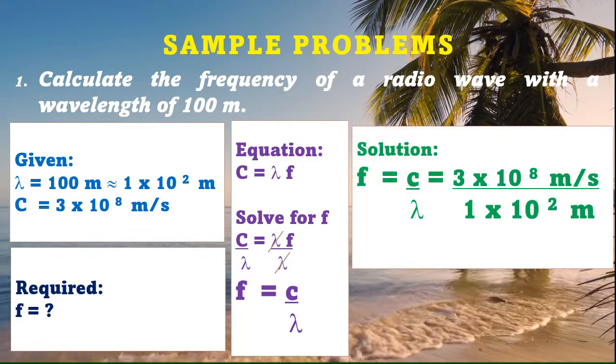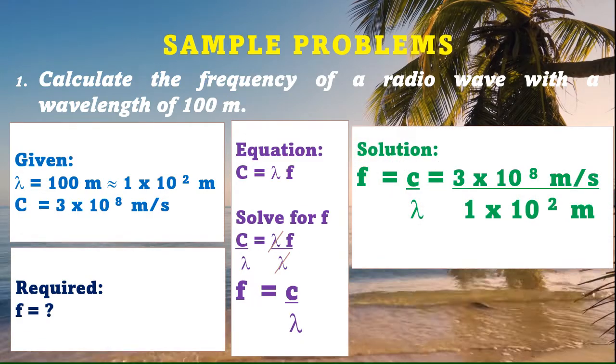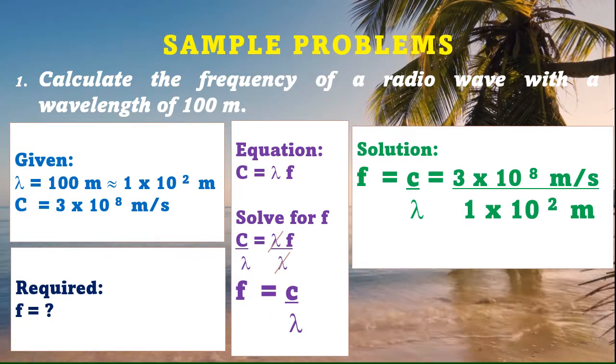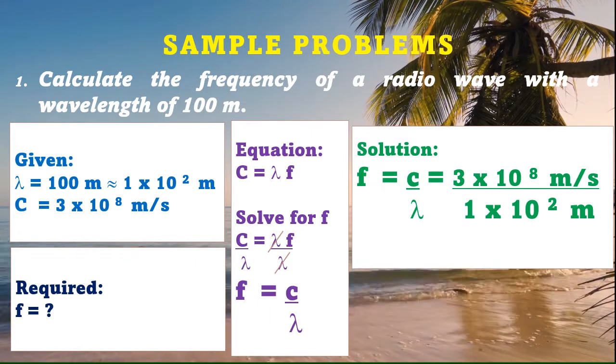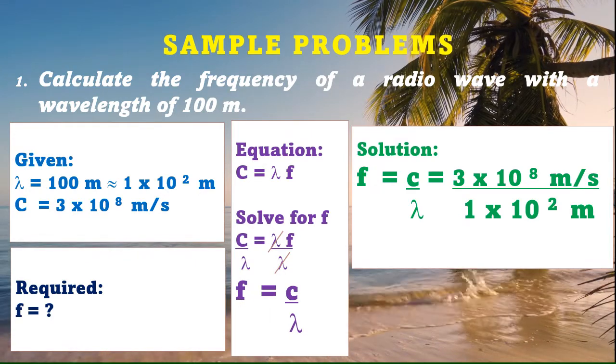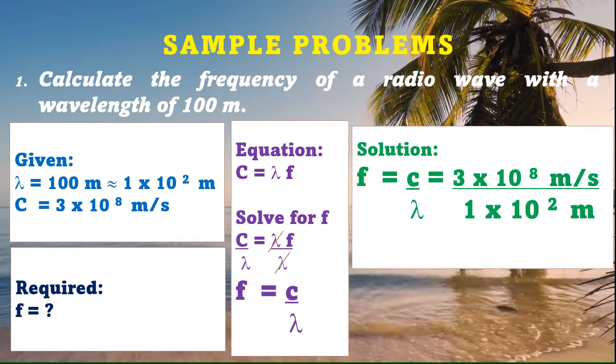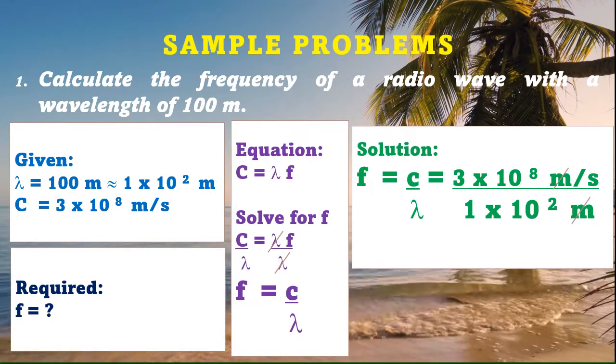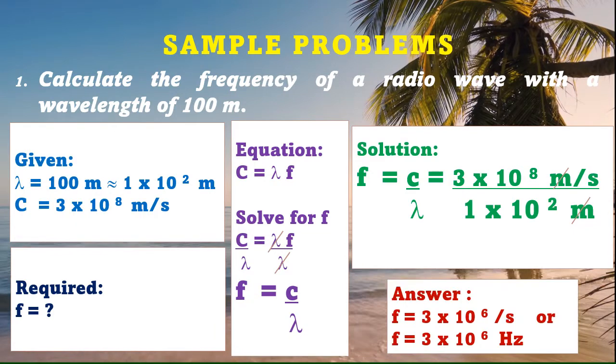We can now solve the problem. Substitute the values for speed of light and the wavelength. Divide the values and cancel the units. So we will have 3 times 10 to the 6 per second, or 3 times 10 to the 6 hertz.